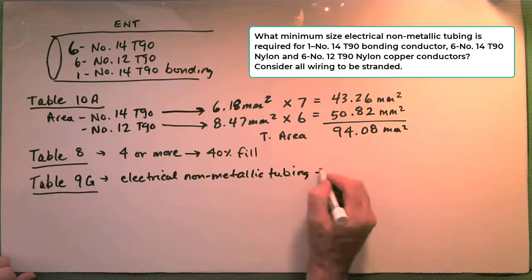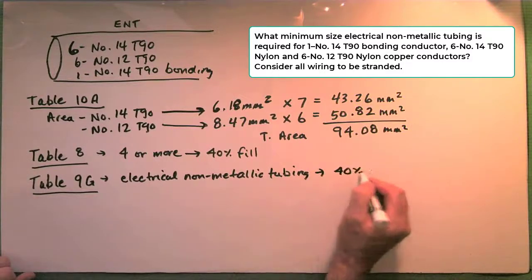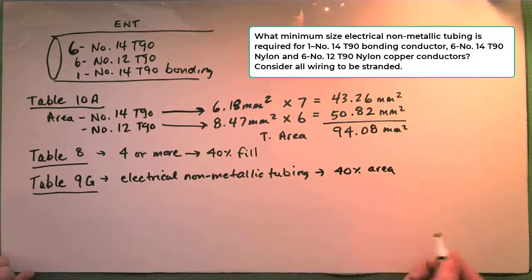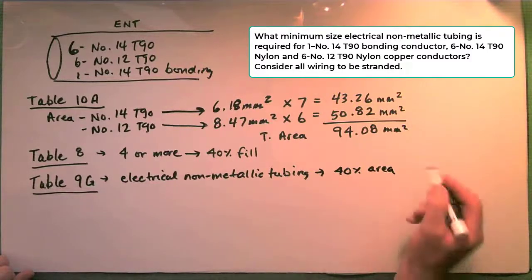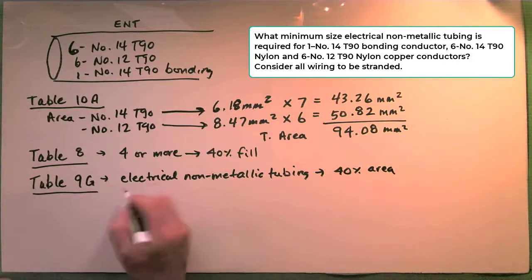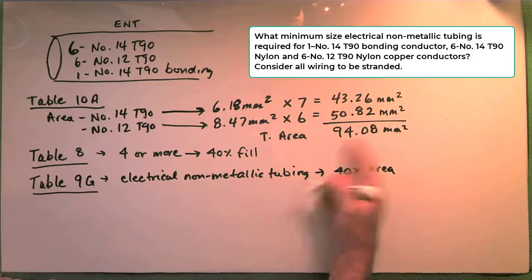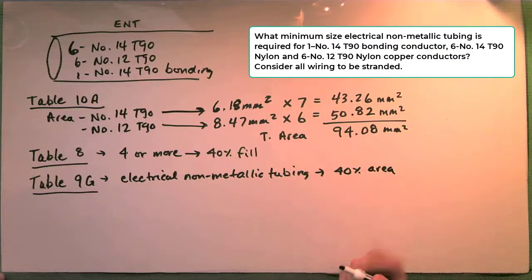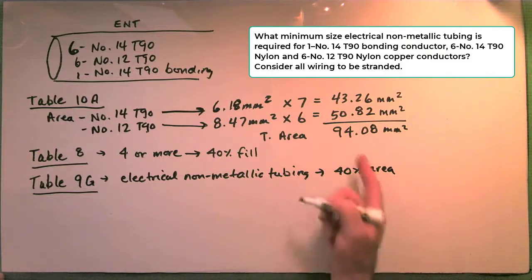Okay, and so when I get there, 40% area, and then I got to find something on that table greater than this, 94.08. Okay, 21 trade size.